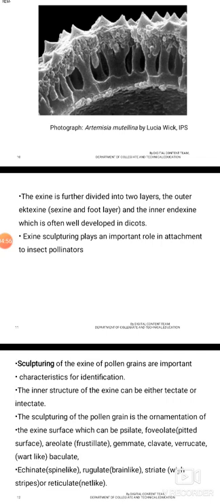The inner structure of exine can be either tectate or intectate. The sculpturing of pollen grain is the ornamentation of the exine surface, which can be ciliate, foveolate, areolate, gemmate, clavate, verrucate, baculate, echinate, rugulate, striate, or reticulate.